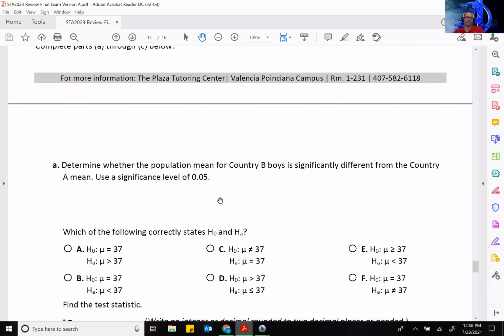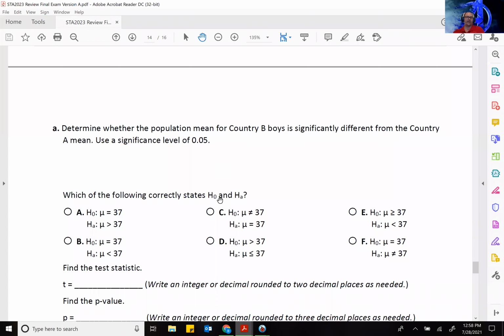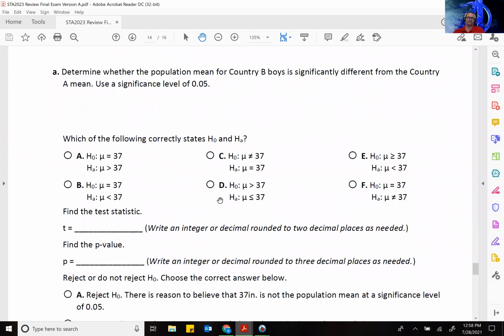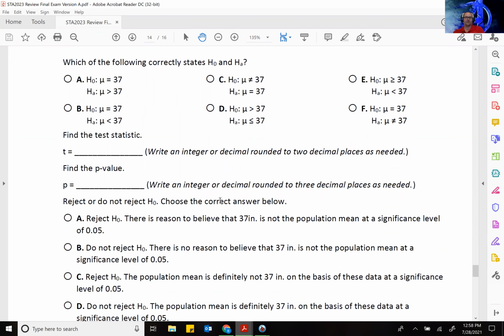Okay, moving on down. Now we got to find this information. So go into StatCrunch and run this. Is this a 1 sample t-test or a 2 sample? 2.